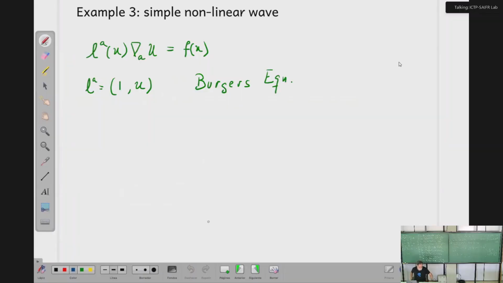So let me try now a more complicated example. This is an example where the vector L itself depends on U. For instance, if you consider Burgers' equation, which is dt of u plus u squared dx, u dx u without a square.